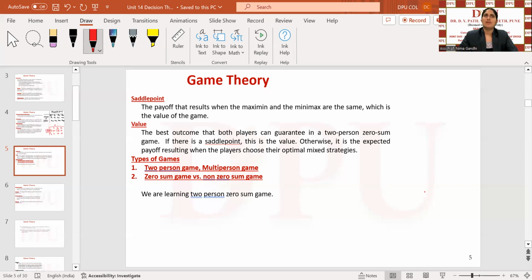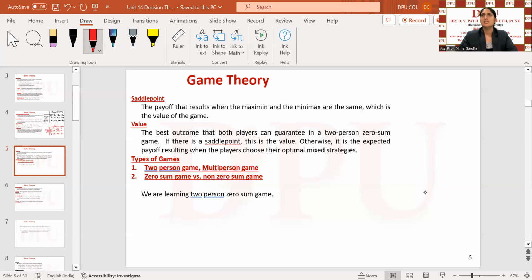There are different types of games: two-person game, multi-person game. Here we are learning the two-person game, zero-sum game, and non-zero-sum game. Non-zero-sum game means whatever the profit for A is, exactly the same amount will not be the loss for B. B might have more loss, less loss, or less profit; anything is possible. So the values are not the same, and that is a non-zero-sum game.